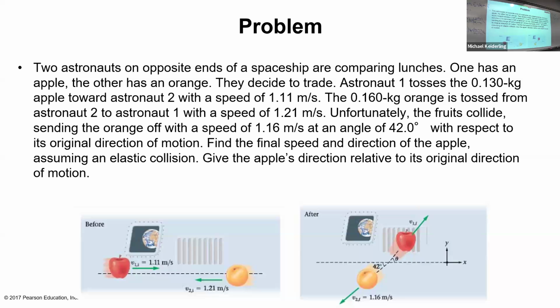Unfortunately, the fruits collide, sending the orange off with a speed of 1.16 meters per second at an angle of 42 degrees with respect to the original direction of motion. Find the final speed and direction of the apple, assuming an elastic collision. Give the apple's direction relative to its original direction of motion.